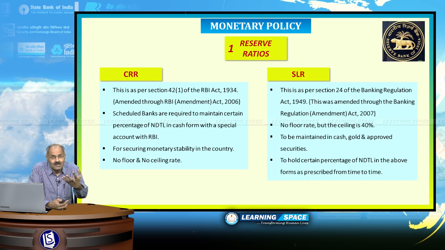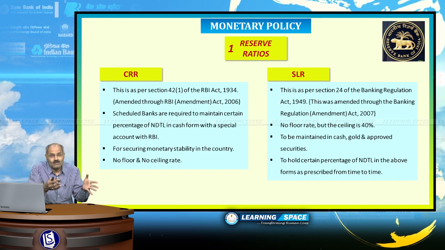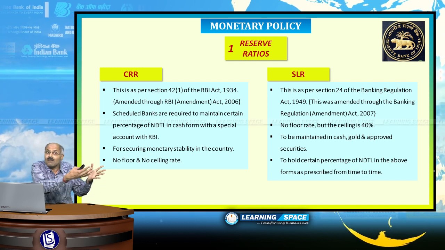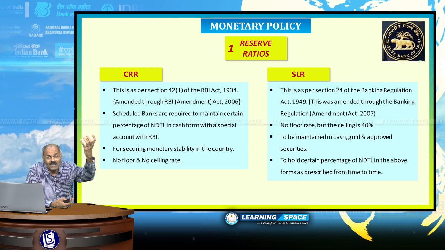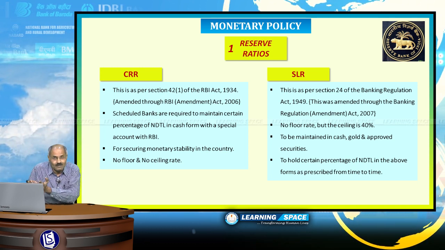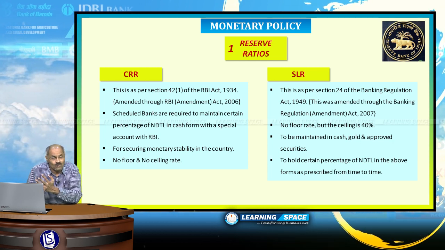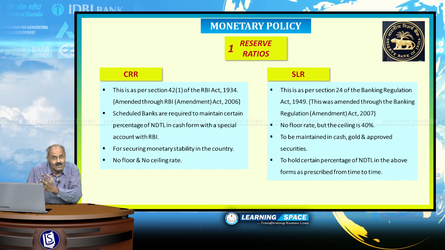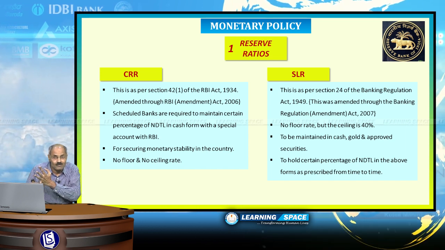At present, a certain percentage is required to be kept in cash form as a special account with Reserve Bank of India, and similarly, certain money is to be kept as a statutory liquidity ratio in either cash form or as gold reserves or as government approved bonds.